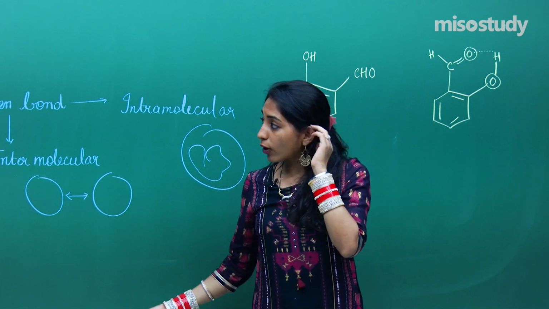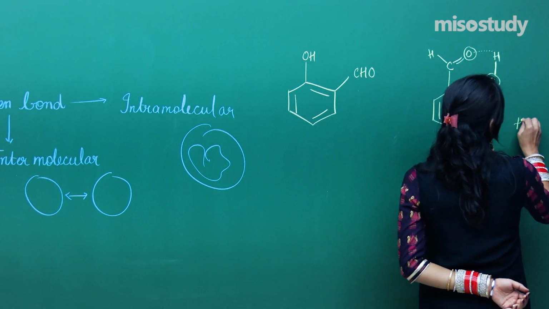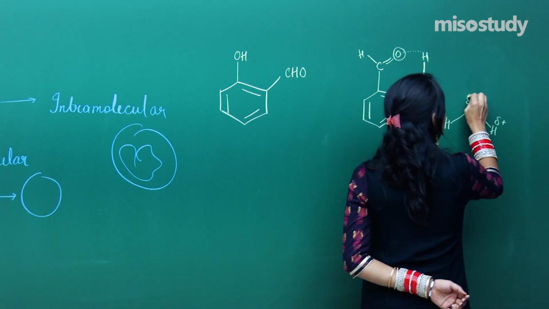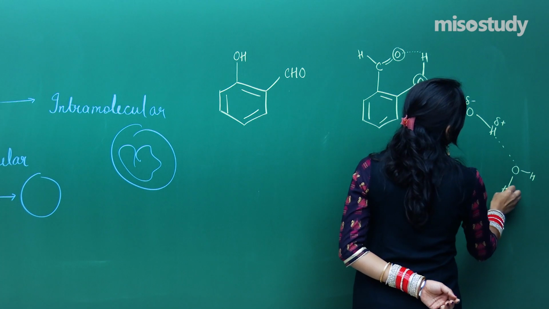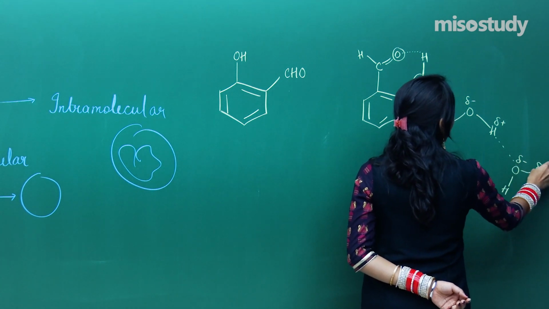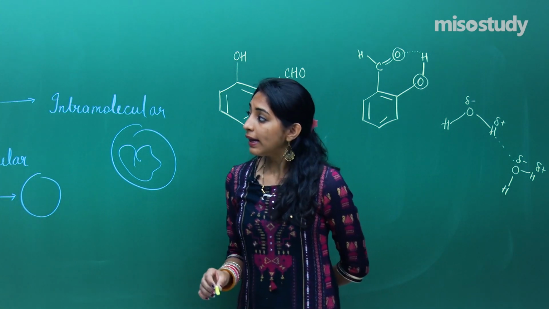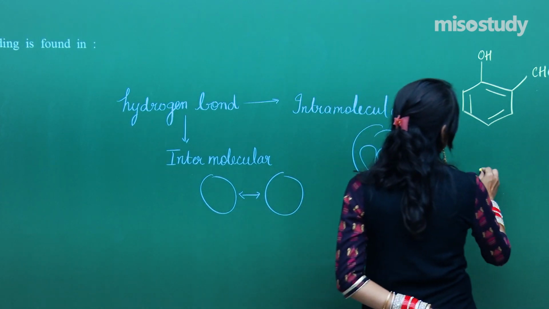If you want me to go ahead, I'll go to the second option, which is water. In the case of water, intermolecular hydrogen bonding does take place, not intra. So between two molecules you can see hydrogen bonding is there. So water will not be an option. Third, if I talk about phenol itself, let's draw here.